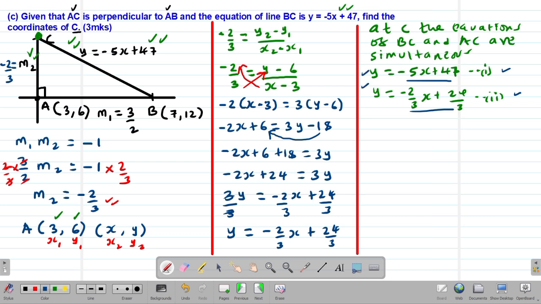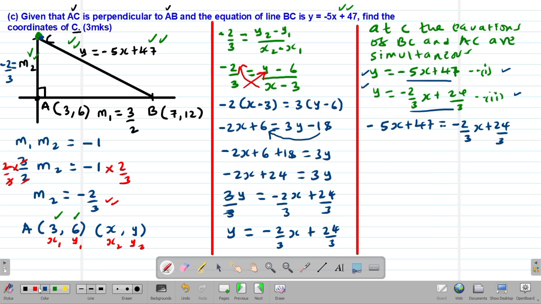At point C, the values of y for the line BC and AC are shared since they are simultaneous. Therefore, I'll simply equate these because they are both equivalent to y. So negative 5x, then plus 47, which is equal to y, being equal to the other y, which is negative 2 over 3x, then plus 24 divided by 3.